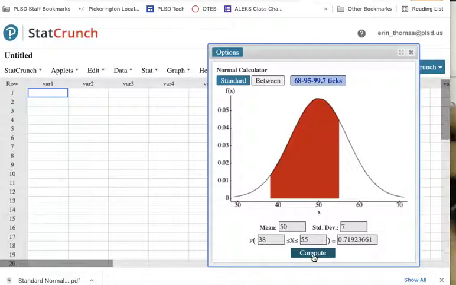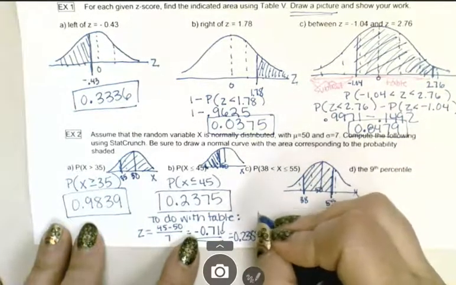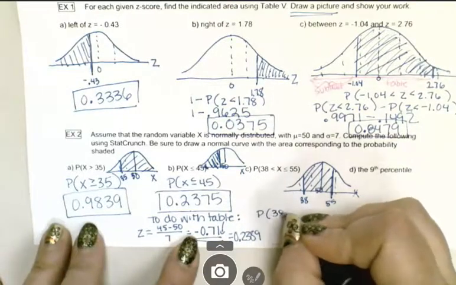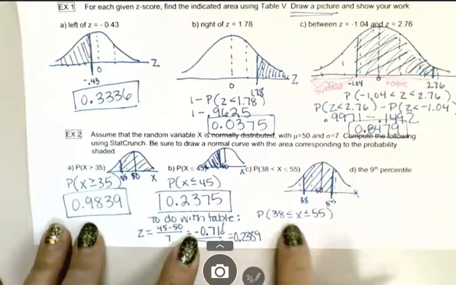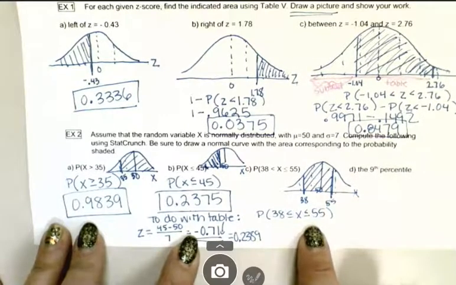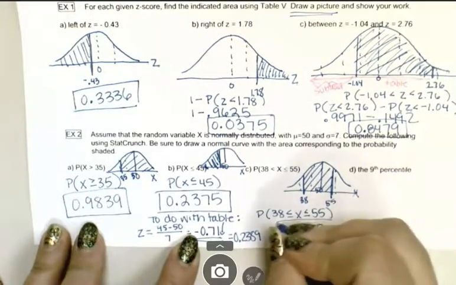And then 55 is a little less than one standard deviation above. So 55, here's my shaded region that we can see and include. So I've got 0.7192 as my answer. Remember that I want to write out what I actually used in StatCrunch, and in this case, this is what StatCrunch actually said, and my answer was 0.7192.